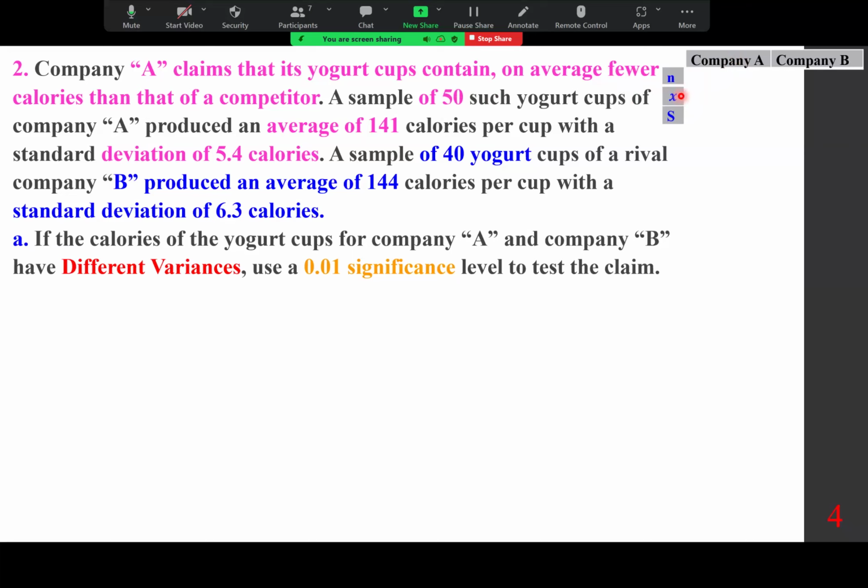On the average, x1 bar is 141 and s sub 1 is 5.4. We do the same thing for the second one, with the proper numbers. Now, for part A, we also have alpha equals 0.01. So that's given. This is just reading the information.